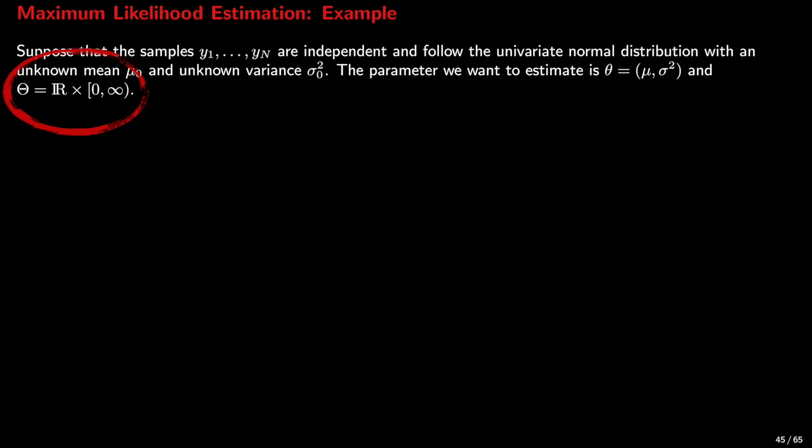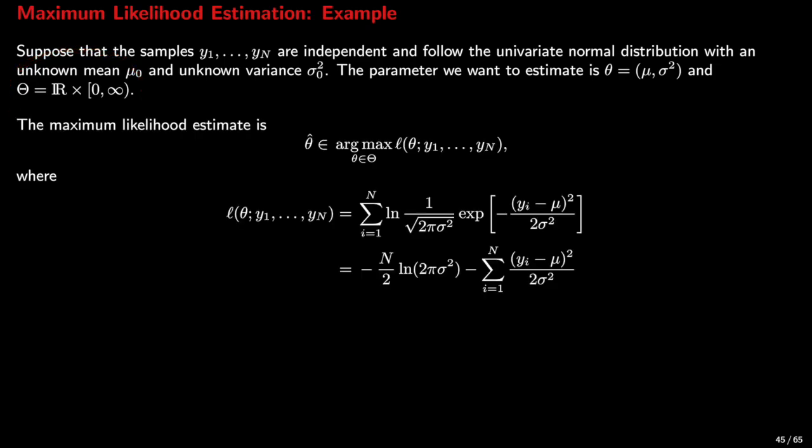This is because mu is a real number, whereas sigma squared is non-negative. The maximum likelihood estimate of theta is a maximizer of the log likelihood function little l with respect to theta, from the set big Theta. Given that the samples are independent, the log likelihood function is equal to the sum of the logarithms of all density functions. Take a moment to verify that this sum can indeed be written like this.